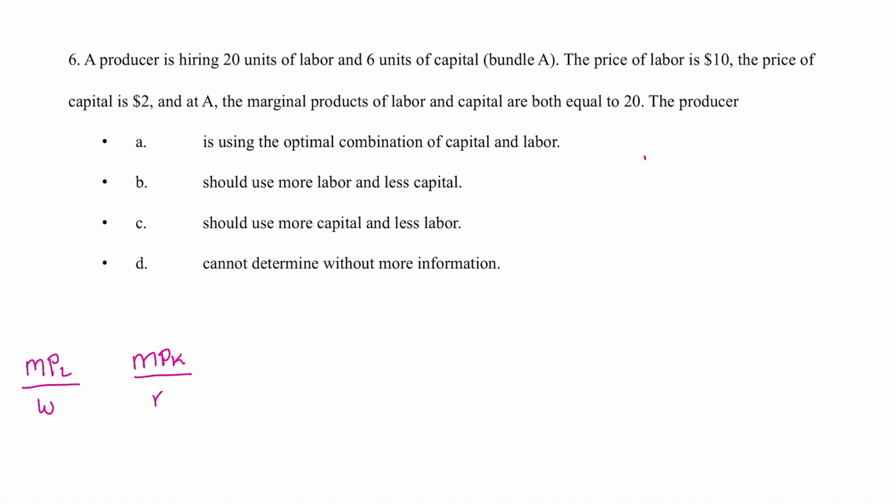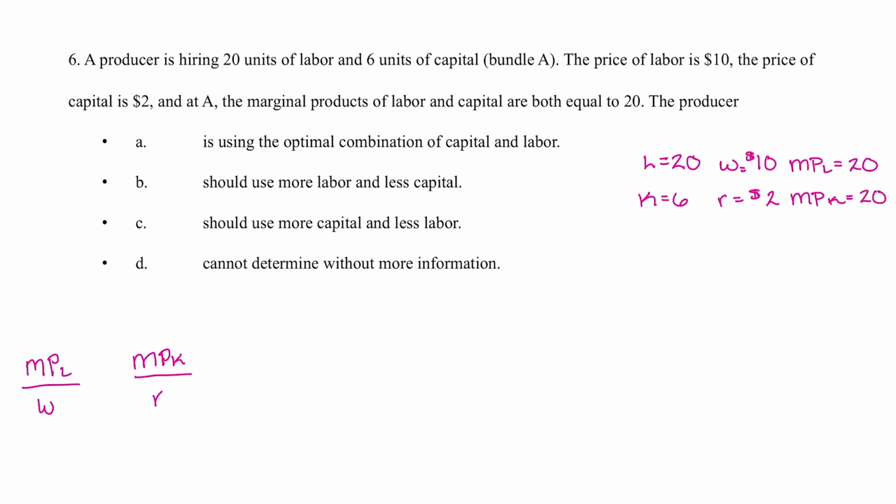And we know that our labor equals 20, the wage is 10, and our MPL is 20. Our K is 6, our R is 2, and our MPK is 20.